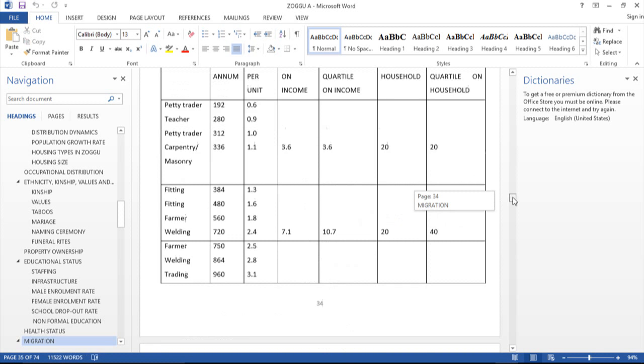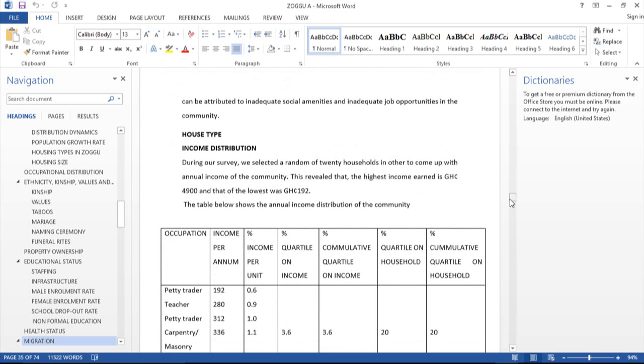After generating this data, let's go back to the table and see some important calculations that we need to do. We start with the percentage income per unit. That means the income that each person contributes to the total income of the people. For the first person, a petty trader whose income was 192 Ghana cedis, you take that 192, divide it by 30,596, the total income, and multiply it by 100.